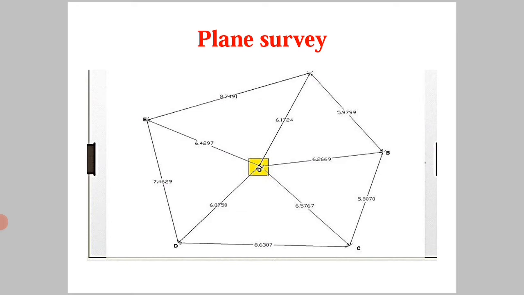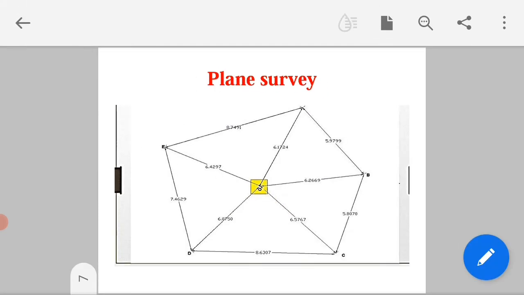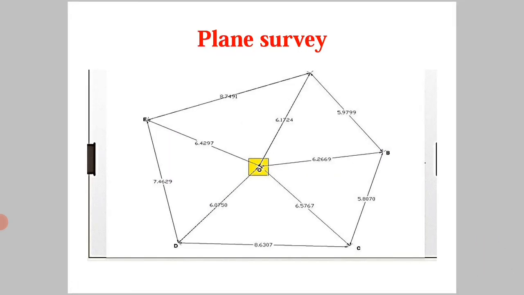In such type of surveying, see the points A, B, C, D, E, a line joining any two stations is considered to be a straight line. So that is called plane surveying.